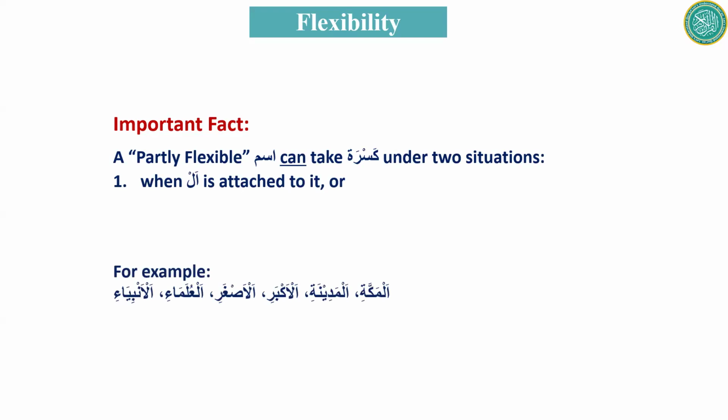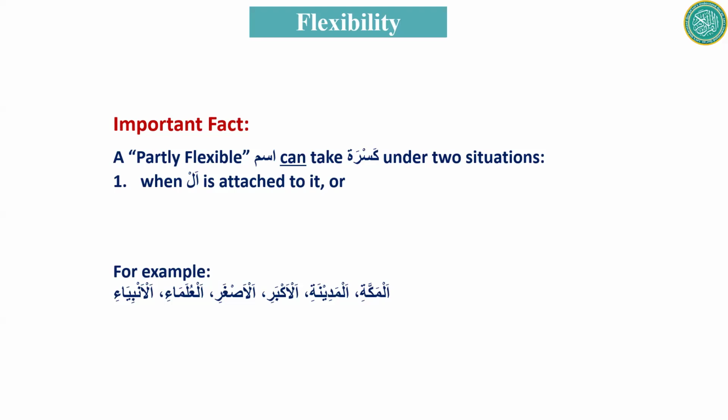For example, Makkah. Makkah is partly flexible, but if you add al with it, and for some reason it has to be majroor, then it can be al-makkati. Now it can be al-makkatu, al-makkata, al-makkati.